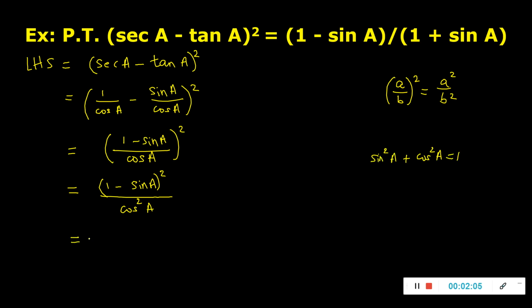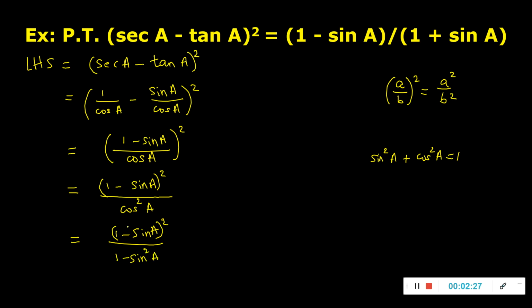So I'm going to substitute the denominator like this. Numerator is intact, (1 minus sine A) whole square, and the denominator now becomes 1 minus sin square A.